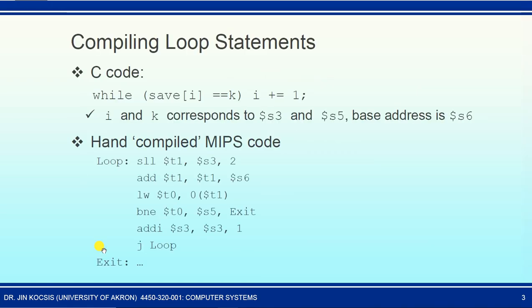Near the end of our last class, we represented assembly language for a while loop. We mentioned this representation gives a very straightforward translation from the high-level language into assembly language.